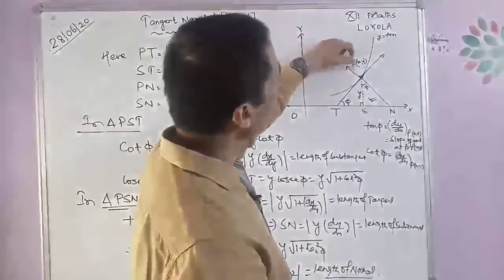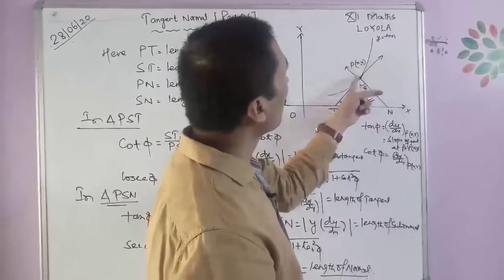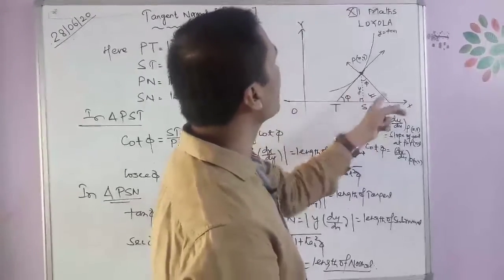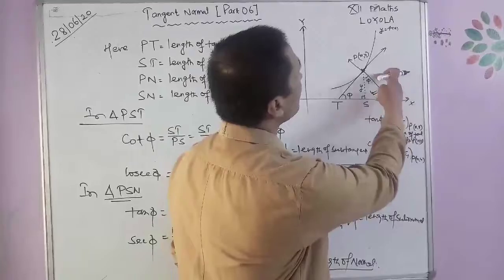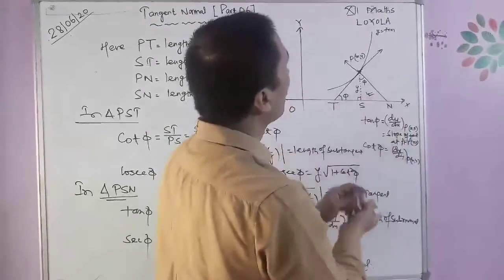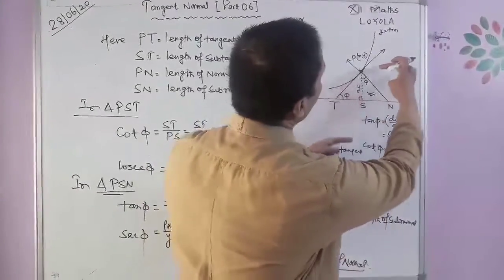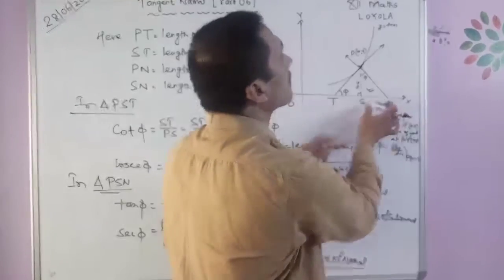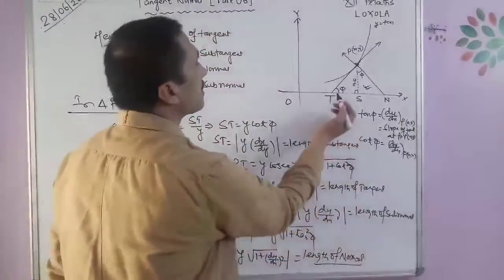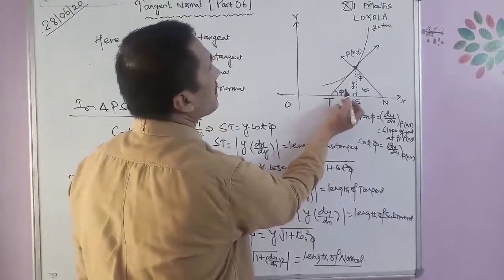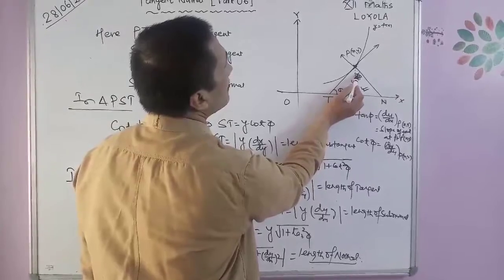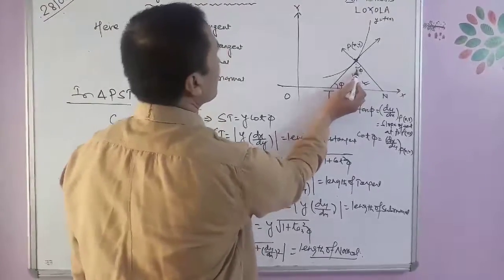Similarly, the portion of normal intercepted between the point of contact and the x axis, that is PN, is called length of normal, and the projection of this PN on the x axis, that is SN, is called length of subnormal. If we take this angle phi, this angle will be 90 minus phi, so this angle is phi.